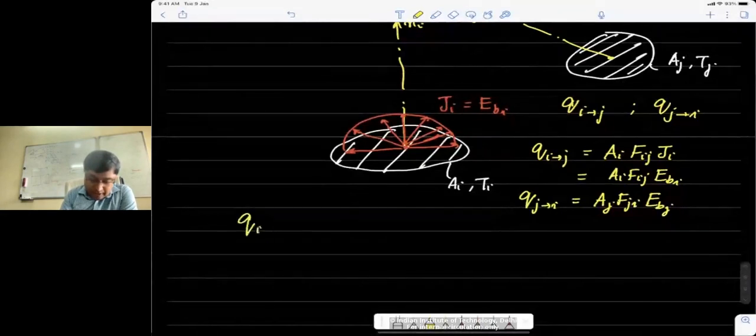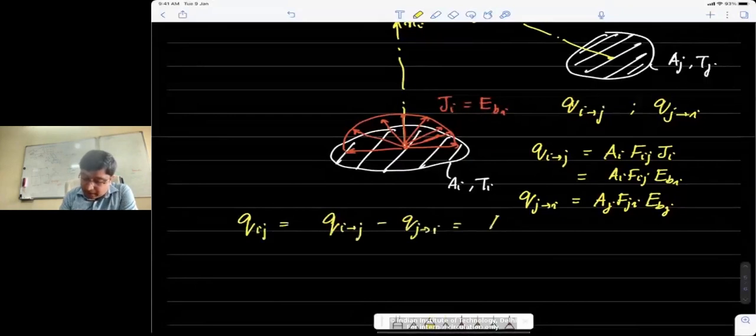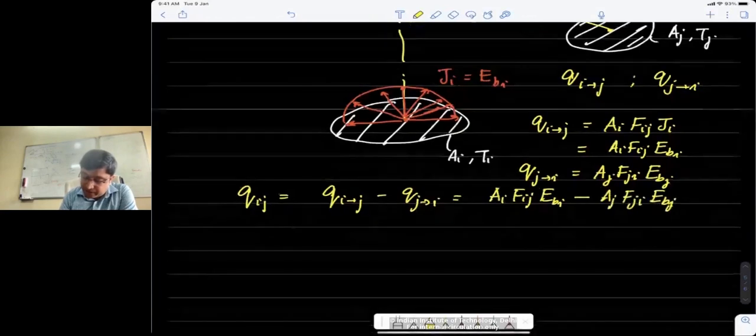So clearly Qij, which I'm going to call the net rate of emission, now I'm dropping the arrows, so this, let's say, is Qij minus Qji. So this will be Ai Fij Ebi minus Aj Fji Ebj.